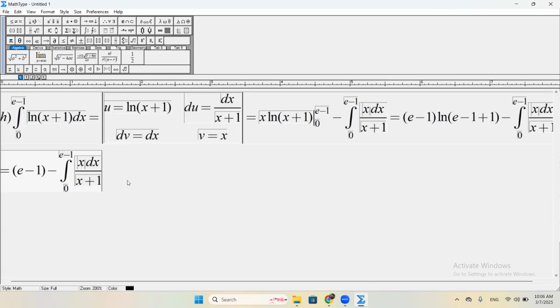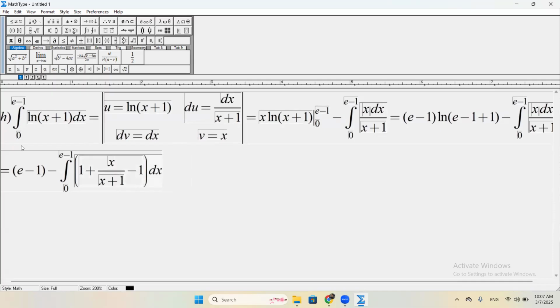And now we're calculating this integral. So let's transform it, by the way, because here we have an improper fraction, and we need to extract the integer part from it. One plus x over x plus 1, and minus 1.